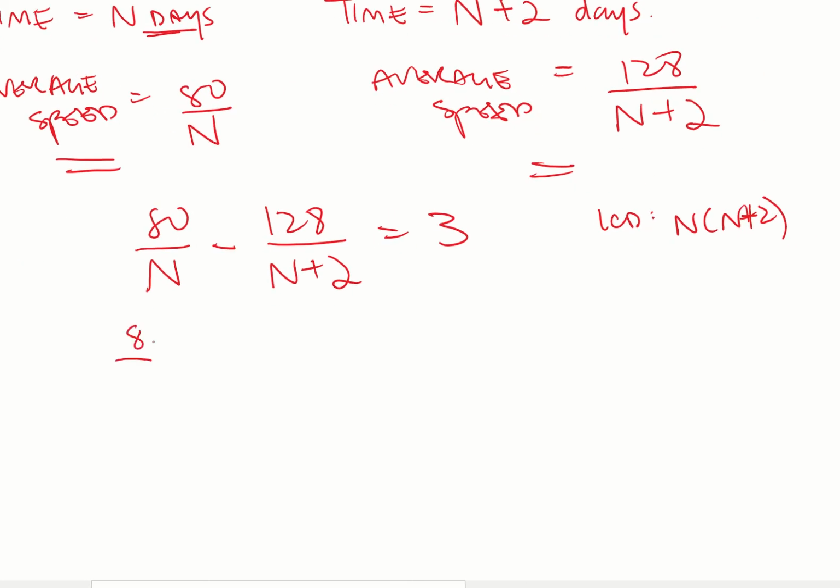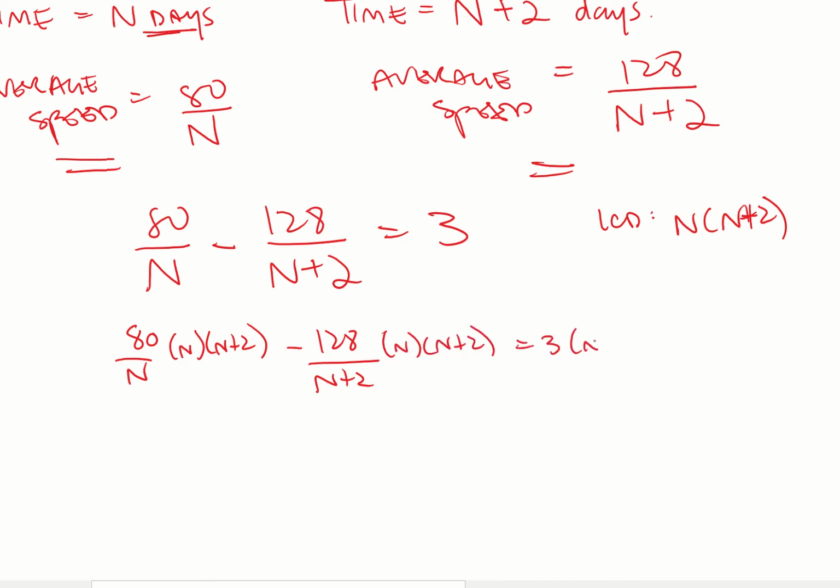So 80 over n minus 128 over n plus 2, and multiply this by n times n plus 2, is equal to 3 times n times n plus 2. So again, cancel. So you're left with 80 times n plus 2. And then over here, the n plus 2, the binomial is canceled out.